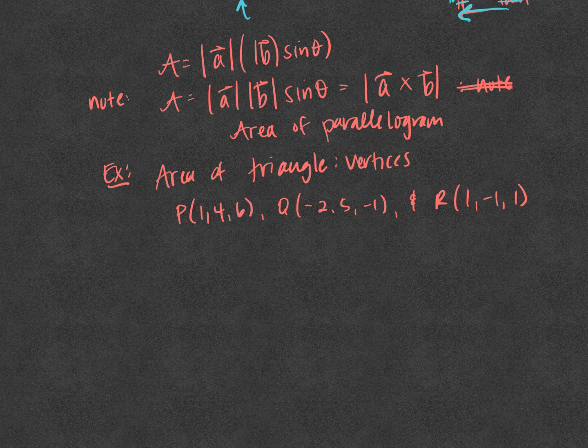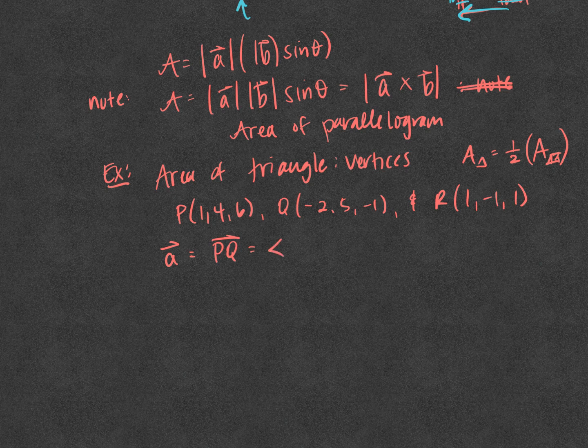So in order to find our area of a parallelogram slash area of a triangle, remember the area of a triangle equals 1/2 the area of a parallelogram. All right, so the first thing we need is vectors A and B. So we're going to find vector A to be the vector PQ.